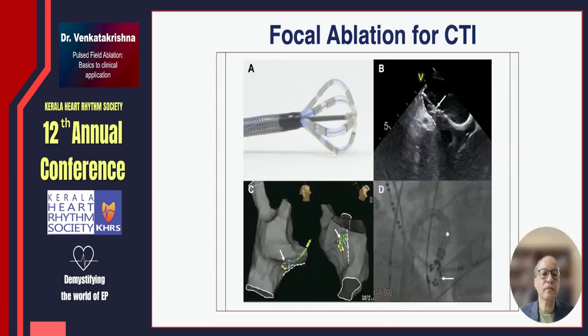So this is not much different from what we have observed with radiofrequency, but with a lot of benefits due to pulsed field in the earlier stages. Obviously, this is a brand new technology. The focal ablation of CTI was also performed successfully in some patients, with very short duration; this was another promising tool as well.